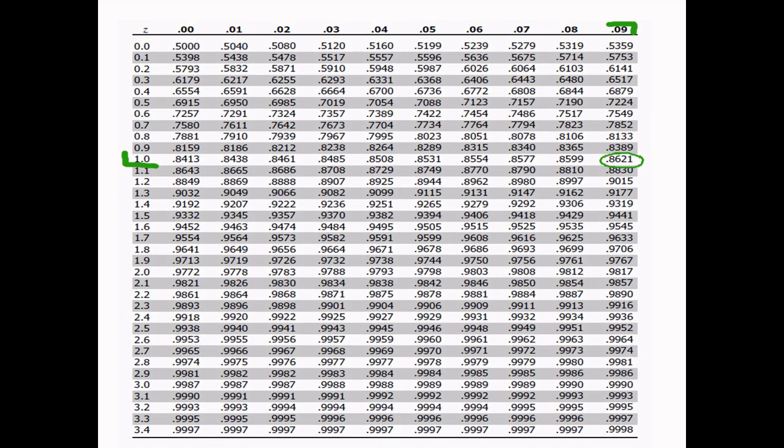So the value which we computed was 1.09. So we have to look at the row that is 1.0 and here is 0.09. So at this row 1 and for the value 0.09, that is we are looking for the value for 1.09, and it is 0.8621.